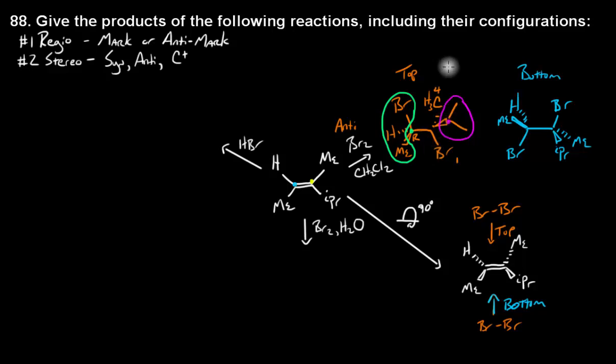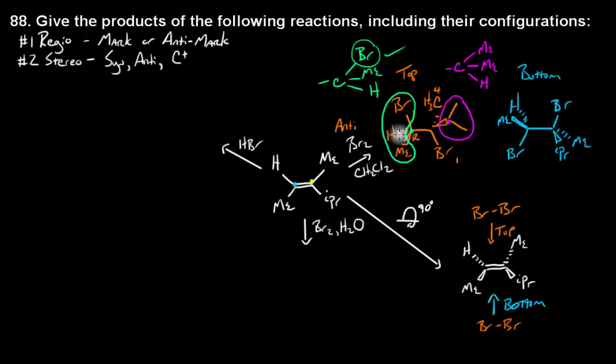So if we were to draw this out, we would have this carbon that had CH3, CH3, and a hydrogen, so Me, Me, and a hydrogen. And if we were to go over to the kind of greenish teal looking guy, we would have three different groups attached to it. So we're going to have bromine, methyl, and hydrogen. Okay, and again, this is an easy tiebreaker because we have a bromine, which is a higher priority than a methyl, so this is going to be the higher priority overall.